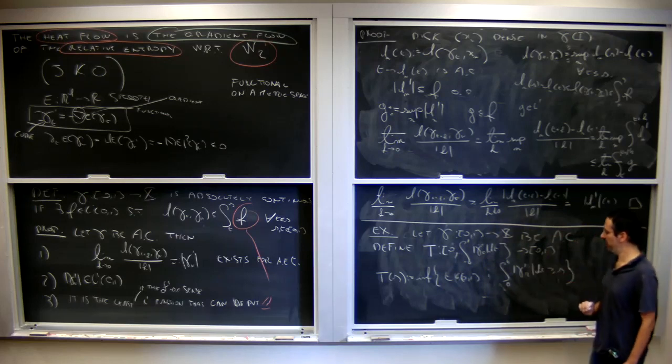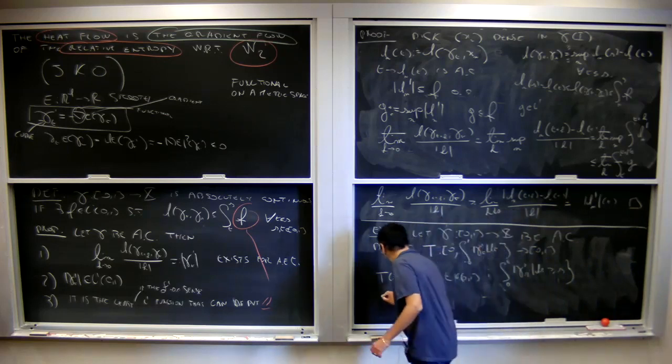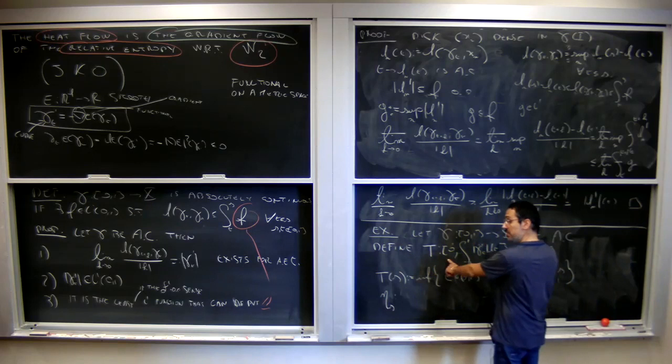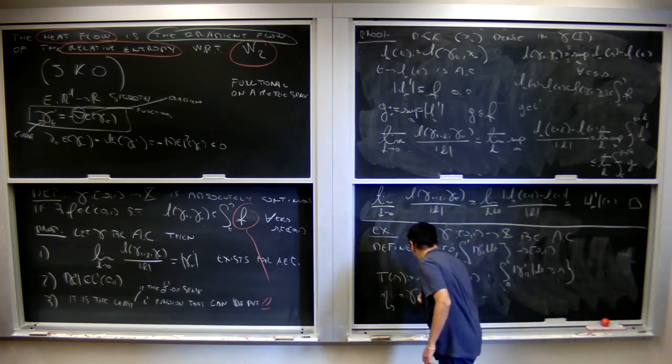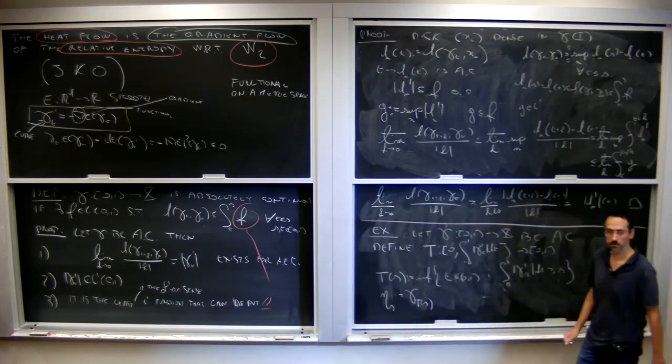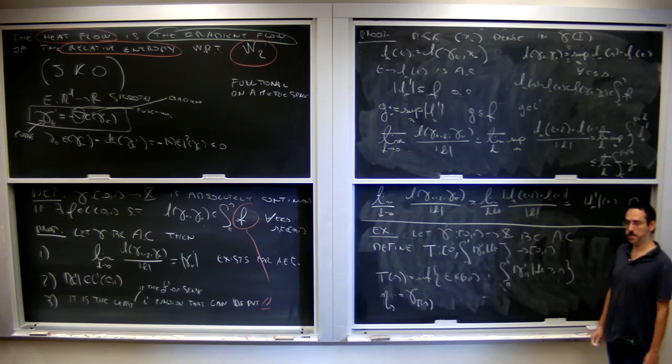This is our reparameterization function, and then define eta. Now, eta is a curve defined on this interval, and eta(s) is defined as gamma at T(s).